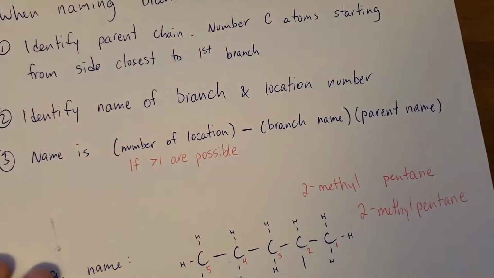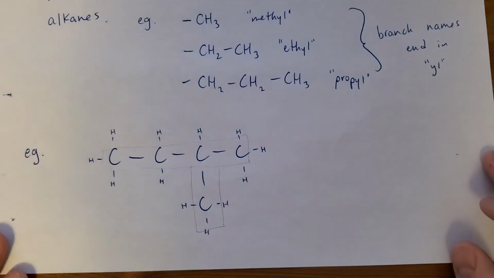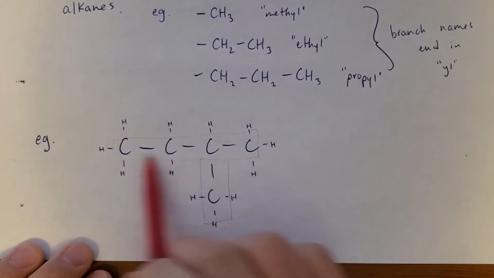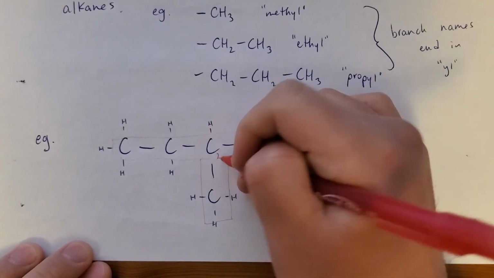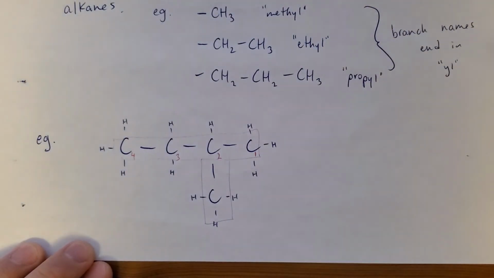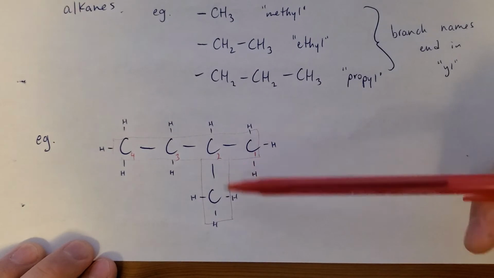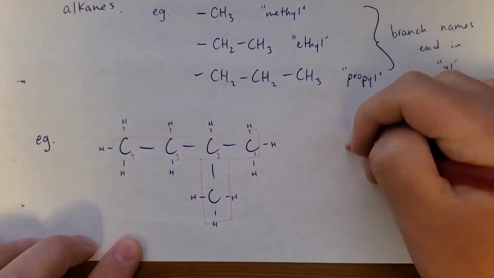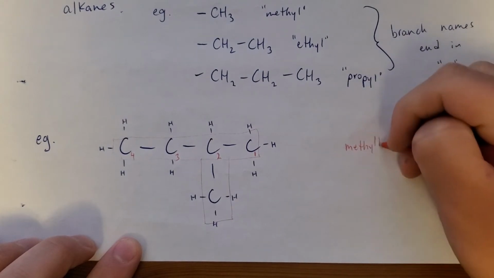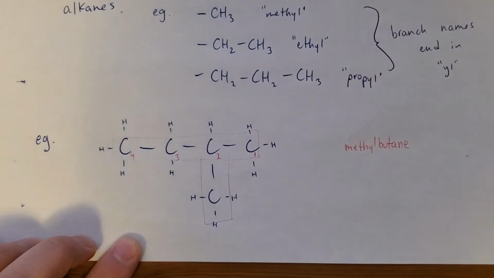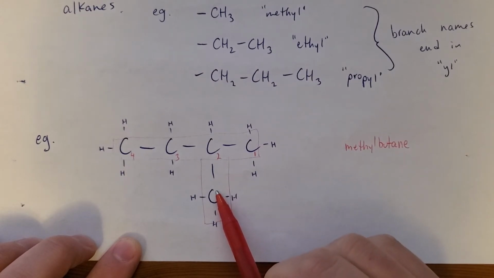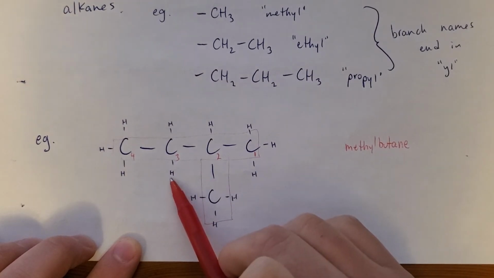I want to go back to the quick example that we didn't actually totally name, but let's go through the process. This is butane, 4 carbons. It's really similar to the pentane we just discussed. There's a methyl on carbon 2. So I'll write out methylbutane, but this is a bit different because if I put this methyl branch on carbon 3, what would happen?